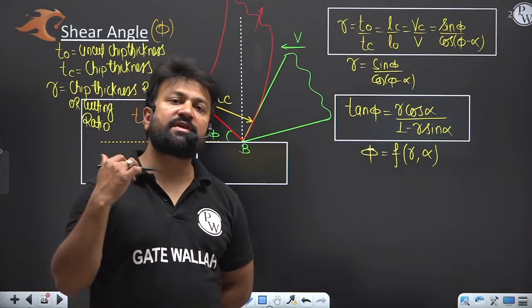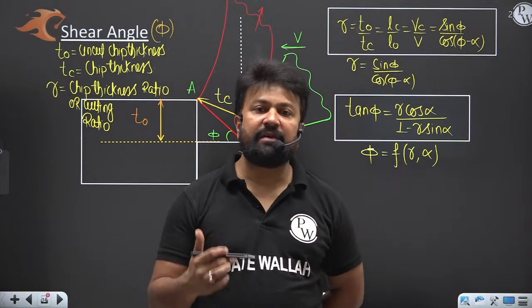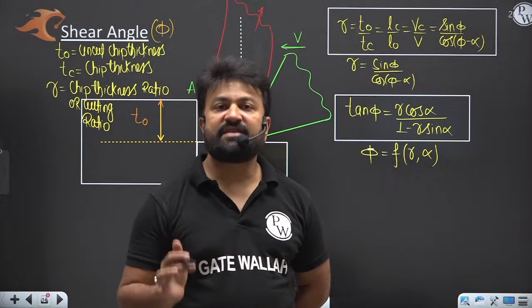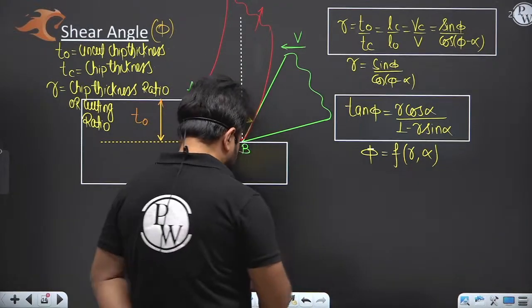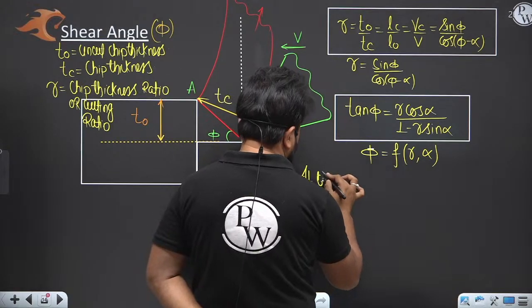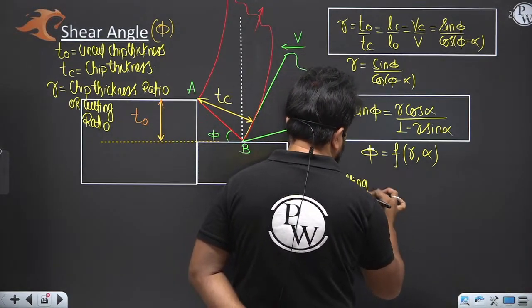If you keep the cutting parameters the same throughout the machining, then the shear angle will remain the same throughout the machining.